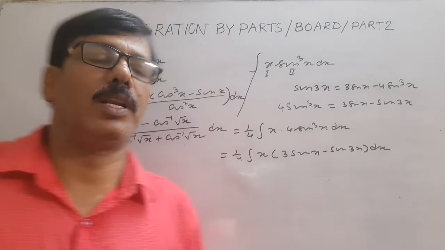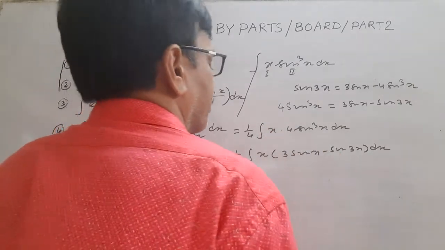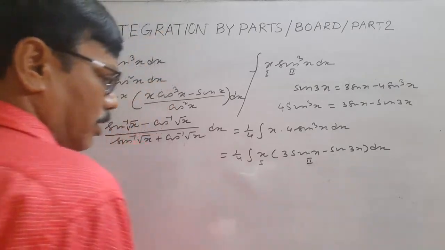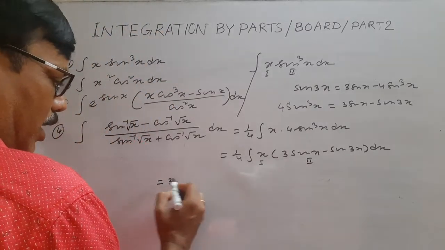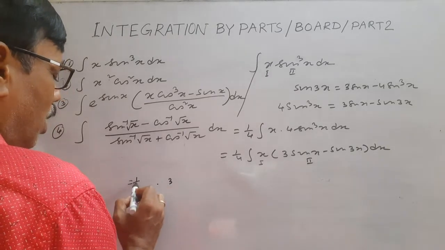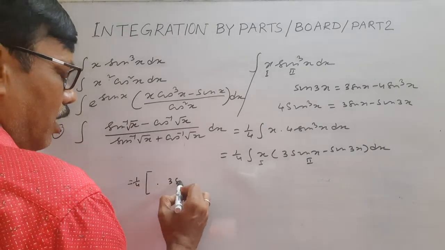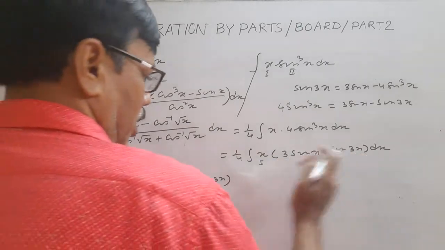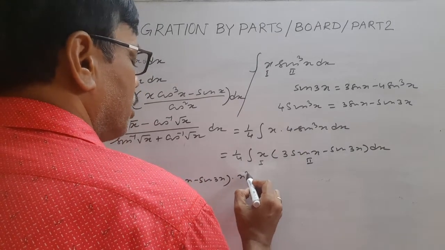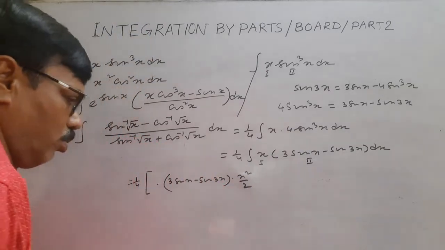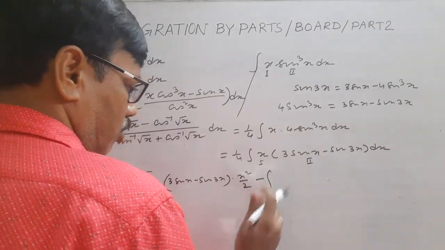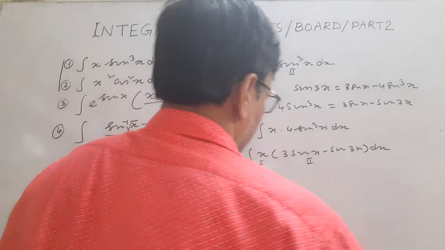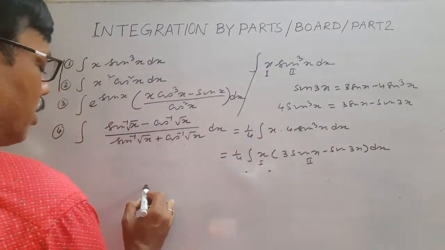Now you can easily integrate it by parts. So this is first function, this one is second function. So 1 by 4 outside, 3 sine x minus sine 3x. This one is unchanged. Integration of x, this is x square by 2 minus, this is first function, this is second function.